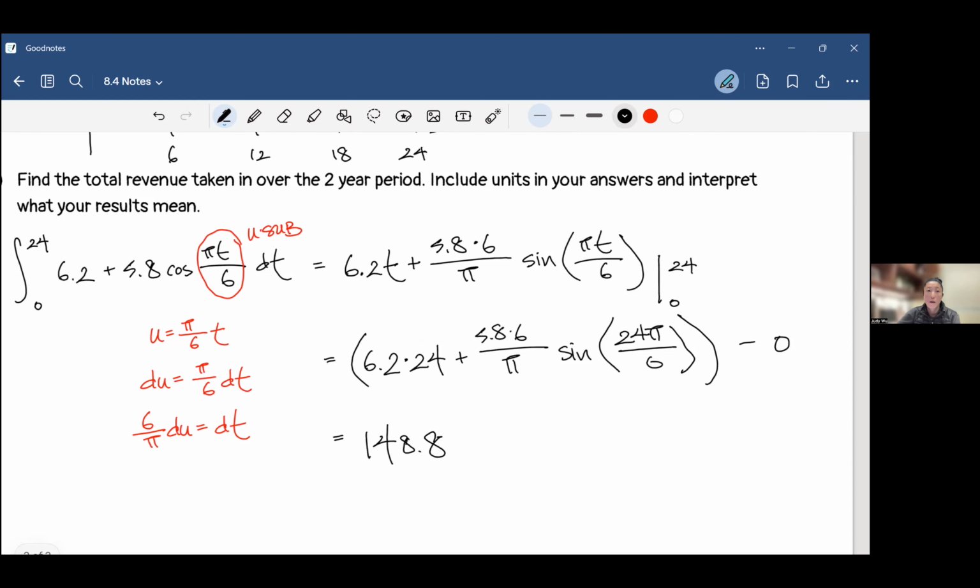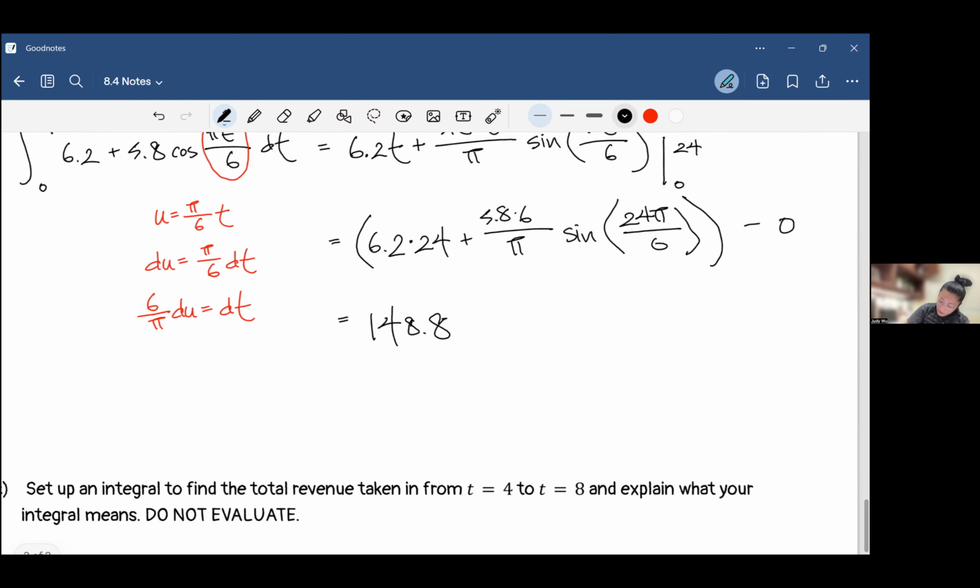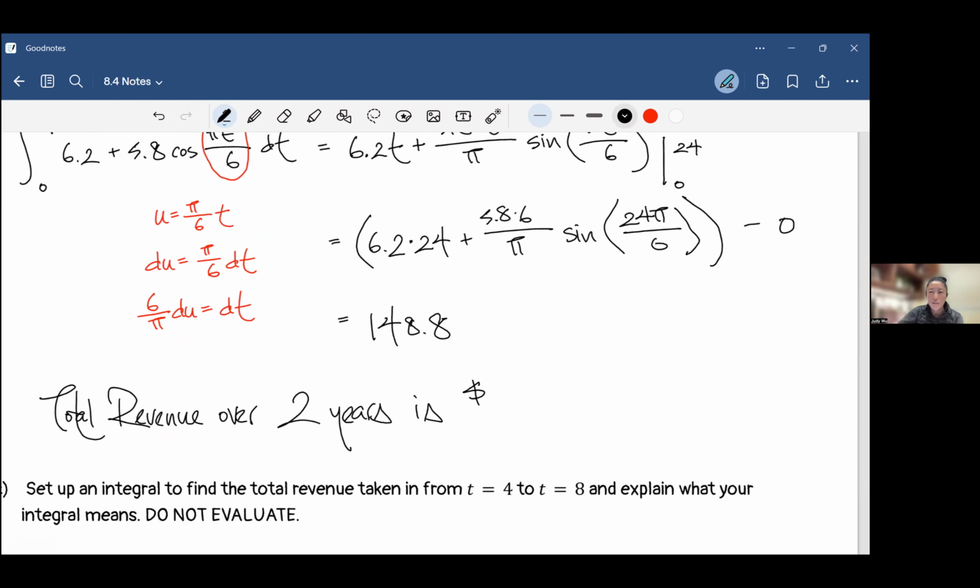148.8. But what does this 148.8 mean? It means that the total revenue over 2 years is, we're going to put a dollar symbol because revenue is money, right?